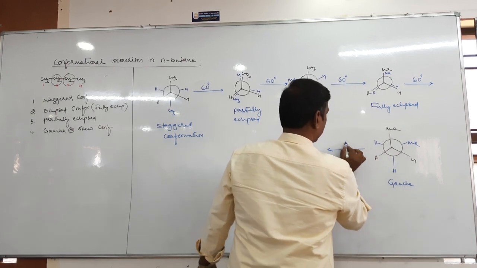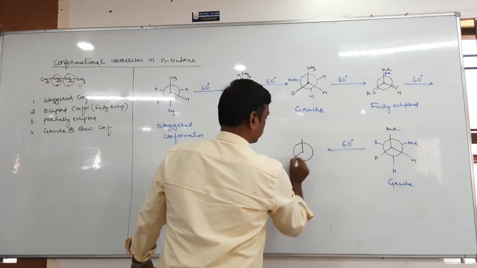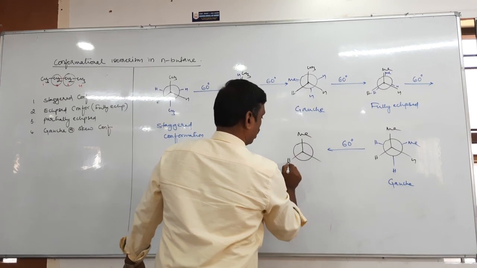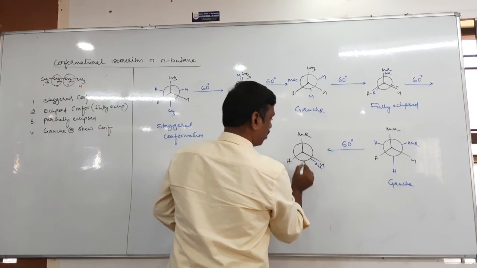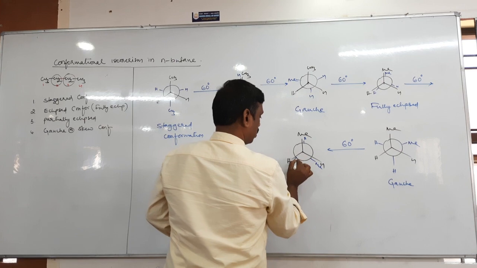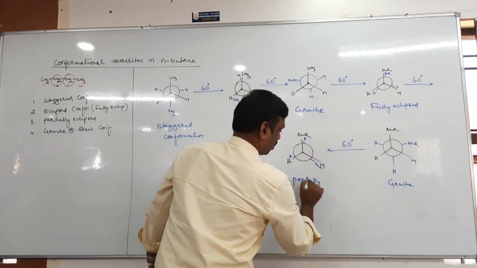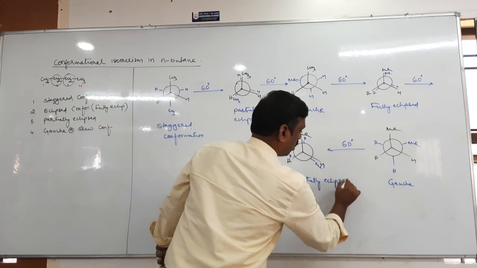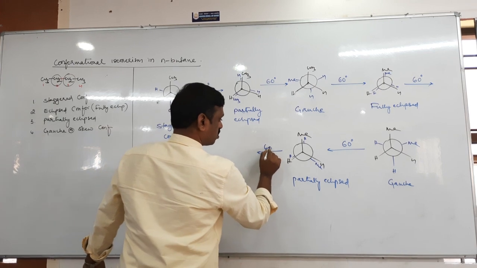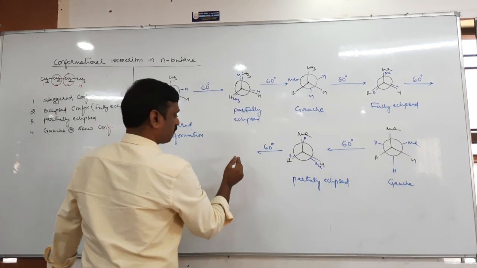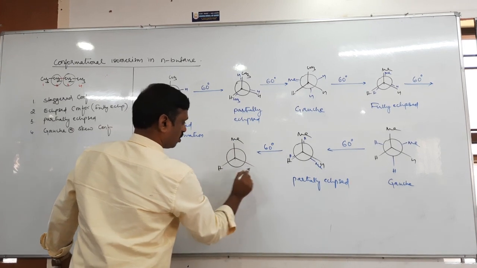Next, rotate 60 degrees more to the right. Now the methyl comes behind a hydrogen. It is partially eclipsed. Next, rotate another 60 degrees. What do you get? Staggered.